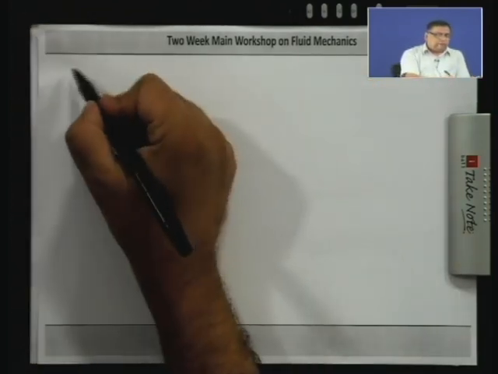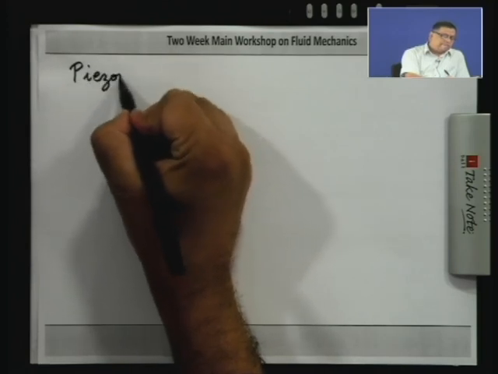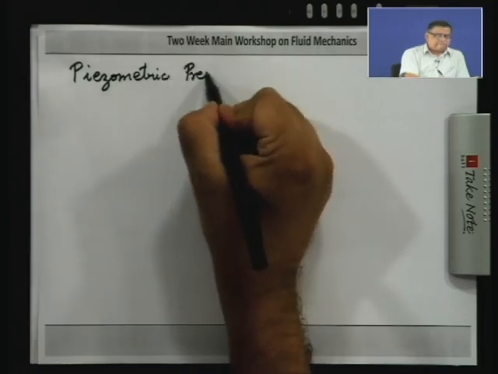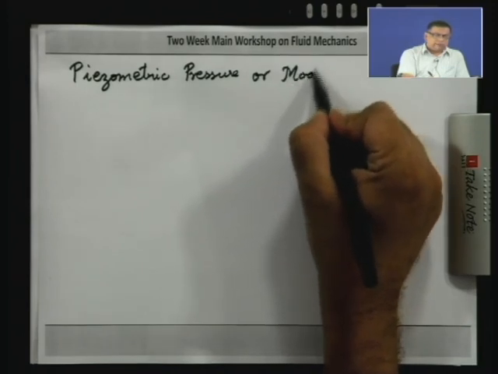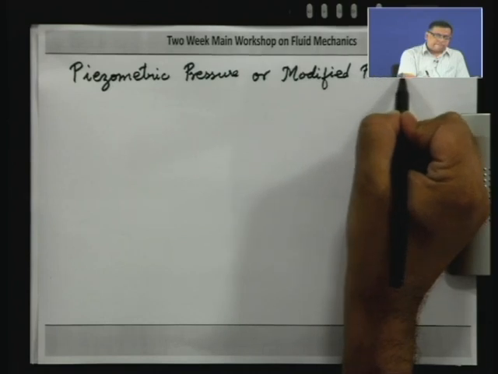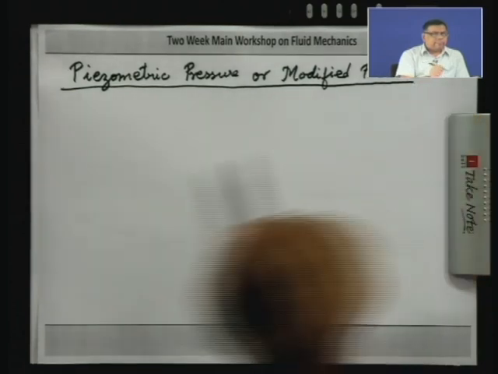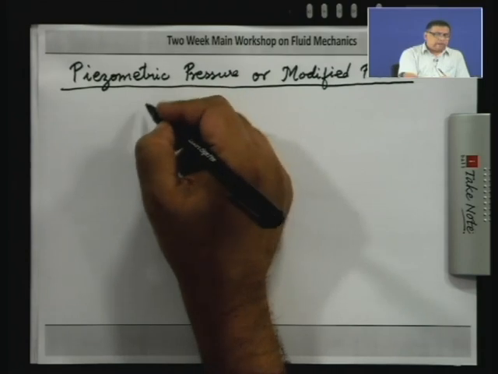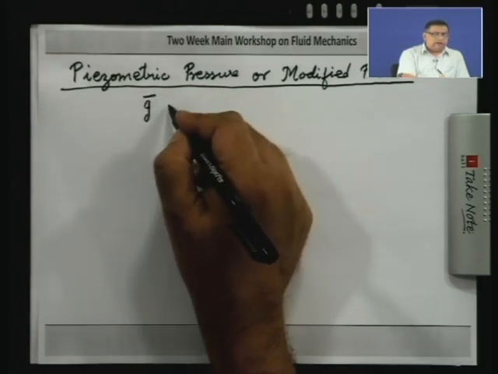Now, first of all I will define a term which you may call piezometric pressure, or some others simply call it a modified pressure. So, to motivate this, let us look at the gravitational acceleration g, which is a vector.